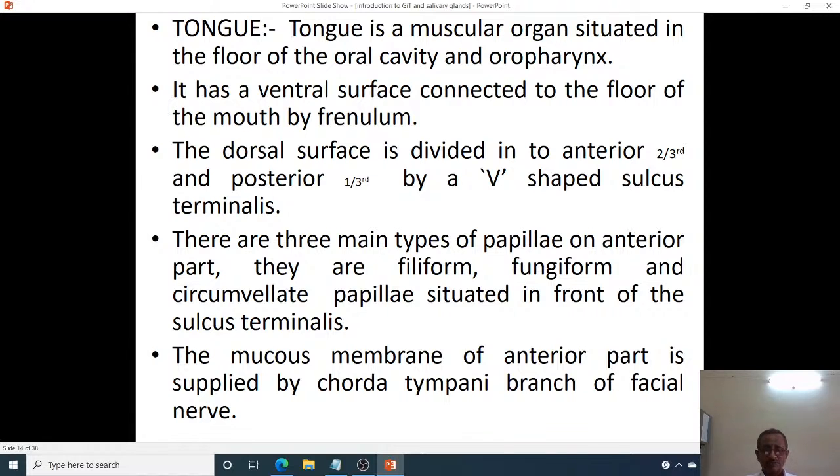Then fungiform papillae and circumvallate papillae have taste buds in them such that they are helpful in tasting the food. The mucous membrane of the anterior part of the tongue is supplied by the chorda tympani branch of the facial nerve.